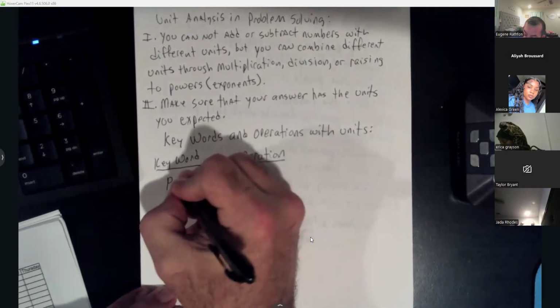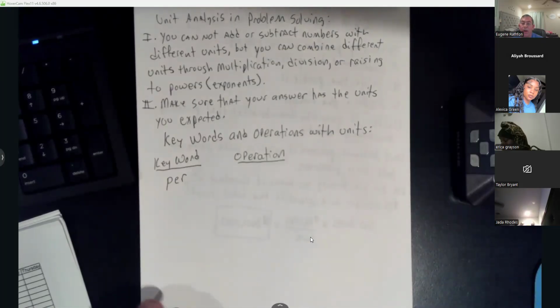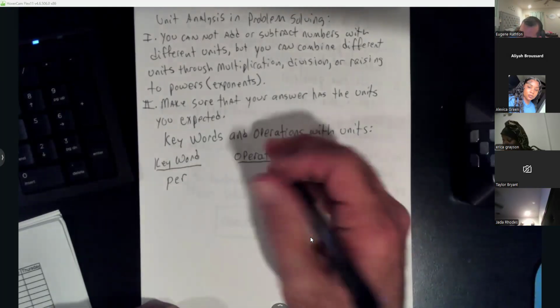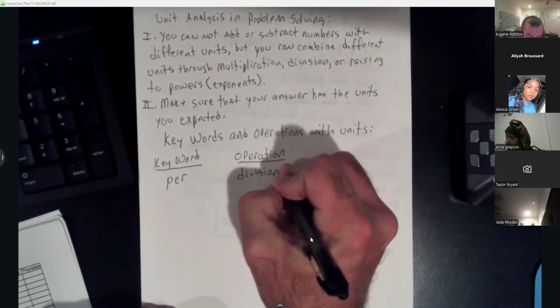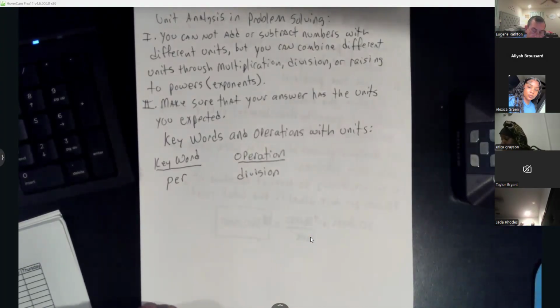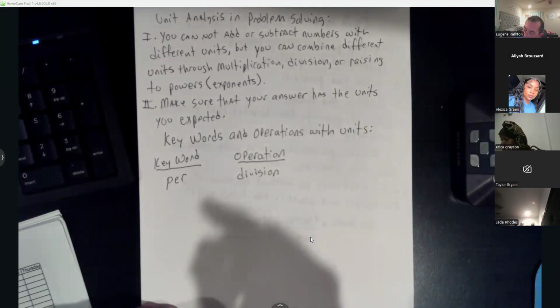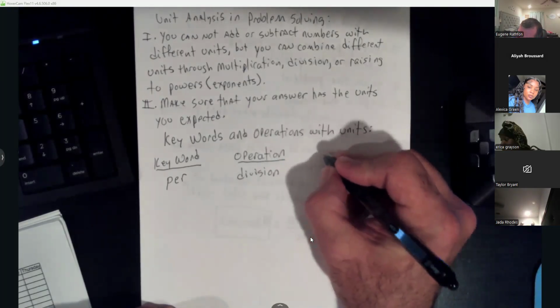Like I showed you a while ago, per, when I had how much money per acre, per is a key word that means division. Just like miles per hour.